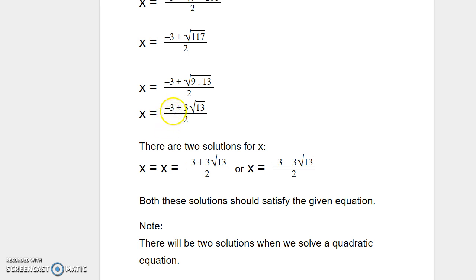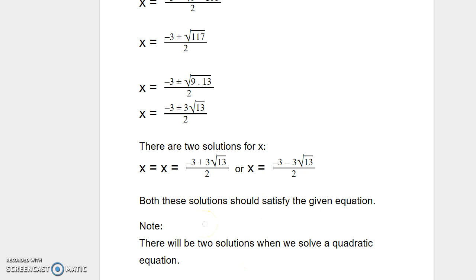The first solution is x equals negative 3 plus 3 square root of 13, divided by 2, or x equals negative 3 minus 3 square root of 13, divided by 2. So sometimes we may have solutions as whole numbers, and sometimes we may encounter radical terms, which is perfectly okay.